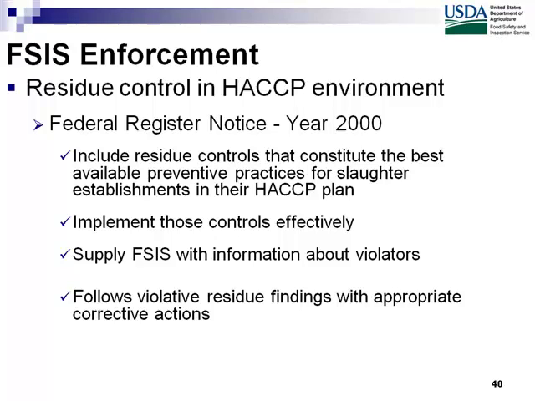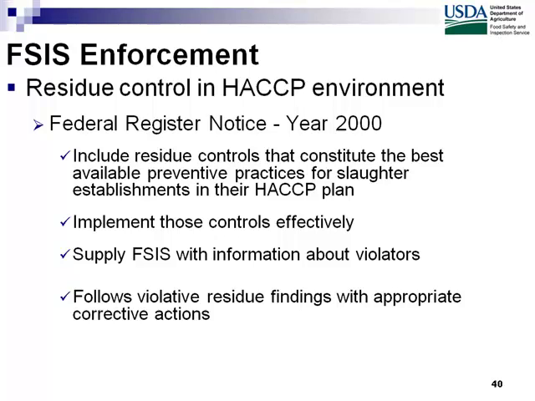The residue control in the HACCP environment was all outlined in a Federal Register notice in 2000, so establishments have had plenty of time to implement this. And essentially, if the establishment adopts the best preventative measure practices, which are outlined in this Federal Register notice, and that includes that they have residue controls that constitute the best practices for their slaughter in the HACCP plan, they implement those controls.